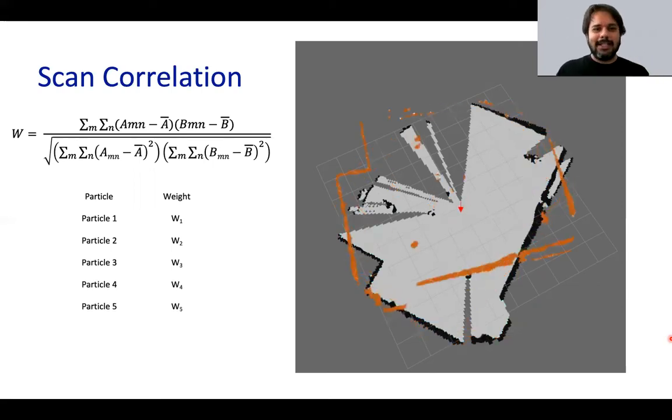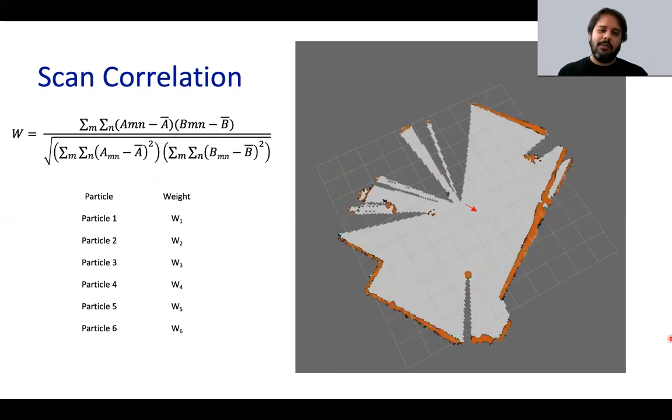So you're always guessing what I would expect to see versus what my LiDAR is reporting, with the idea that somewhere in that random guess would be at least one or a few particles which have a very good correlation between the fake raycasting and the real LiDAR scan. In this case, this particular particle reports that it sees the orange data, which fits the map boundaries of our 2D occupancy grid very well. That's why particle 6 in this case has the highest correlation. Therefore, we give it more weightage.